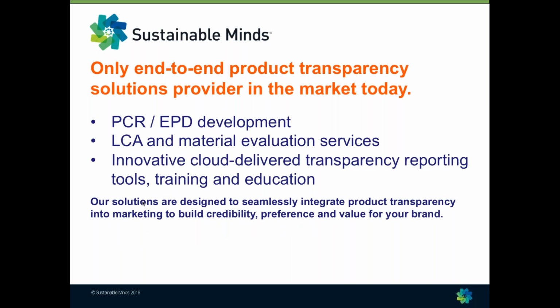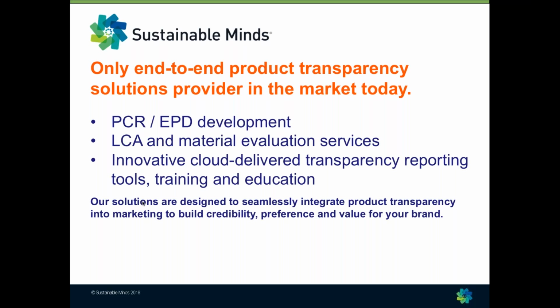So to summarize what Sustainable Minds does, we are a cloud software and services organization. As a program operator, we develop PCRs and deliver EPDs. We deliver LCA and material evaluation services.